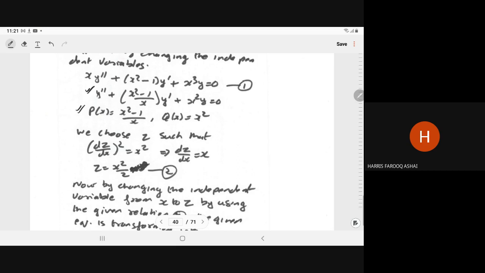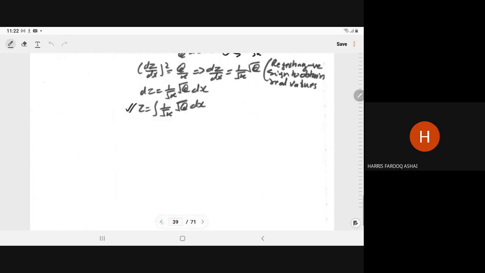(dz by dx) whole square is equal to q, a constant times q, or only q. So (dz by dx) whole square is equal to q, which here is x square.